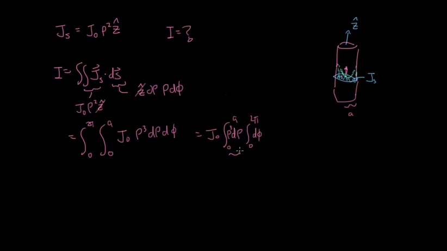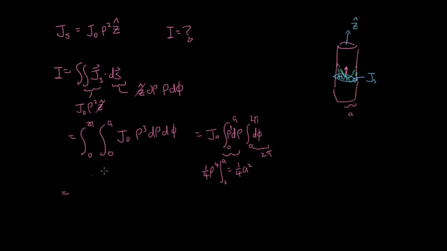Now solving this integral, for rho we have 1/4 rho to the fourth, evaluated at 0 and a, which is going to be equal to 1/4 a to the fourth. And the phi integral is simply going to be 2 pi.